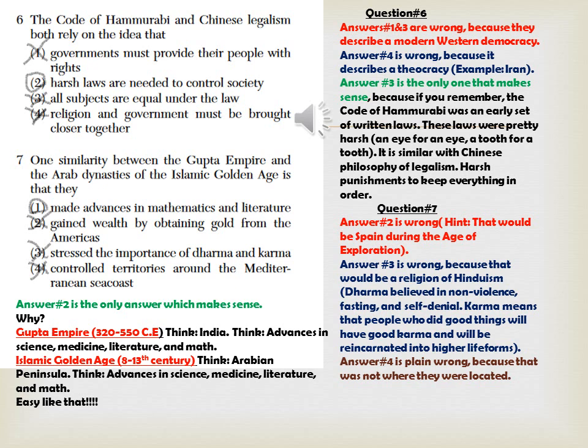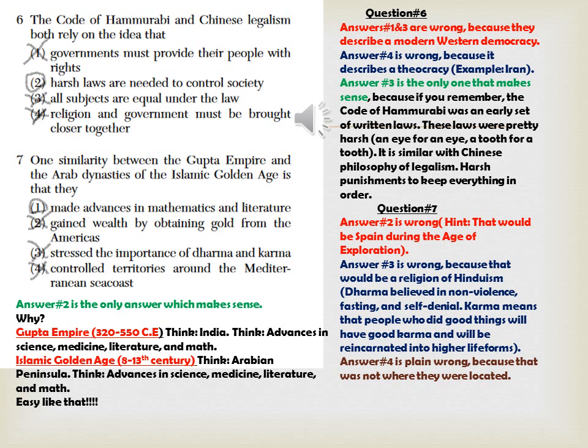Is it 4, religion and government must be brought closer together? So, answers number 1 and 3 are wrong because they describe a modern Western democracy, which is government ruled by the people, where people have certain rights and representation.